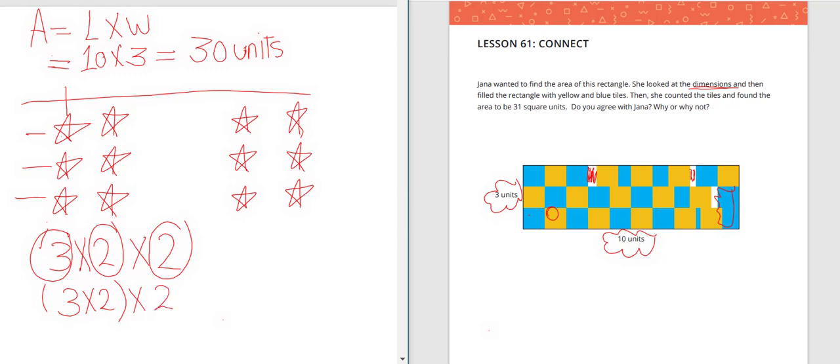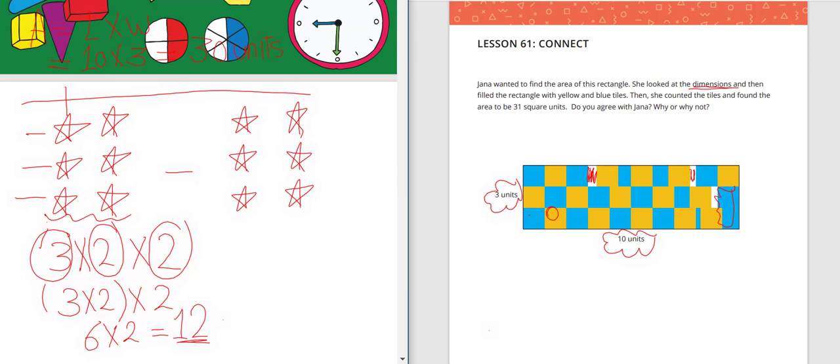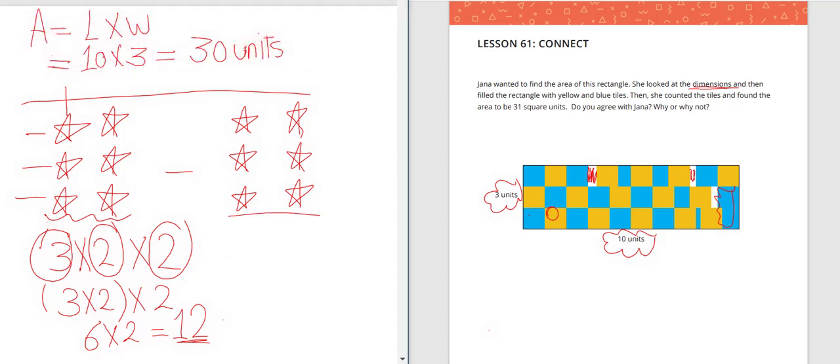So 3 times 2 equals 6, times 2 equals 12. 12 means the total number of stars I have in the 2 arrays, the first and the second array.